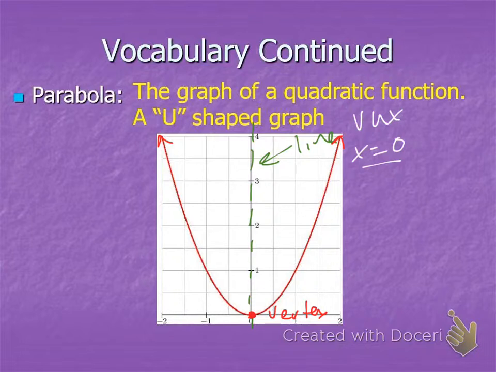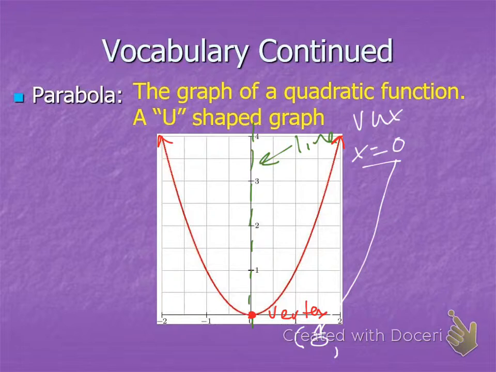Since the vertex sits on the axis of symmetry, that means the x-coordinate will always be whatever this axis of symmetry is equal to. Right now, it's 0. The coordinate for that point right there is (0, 0).